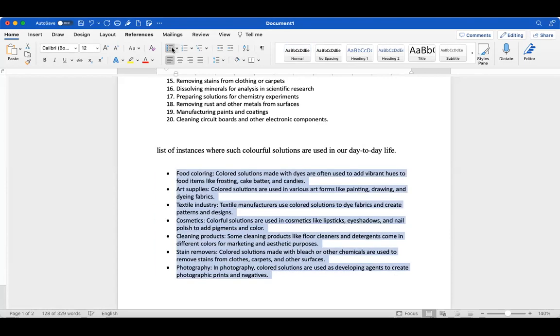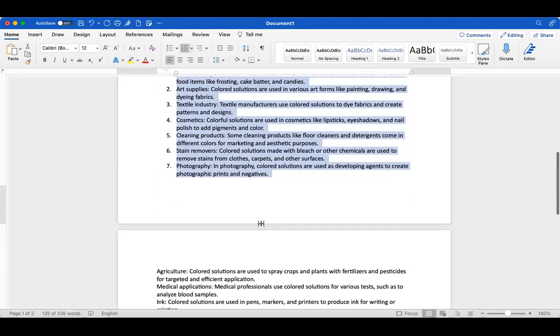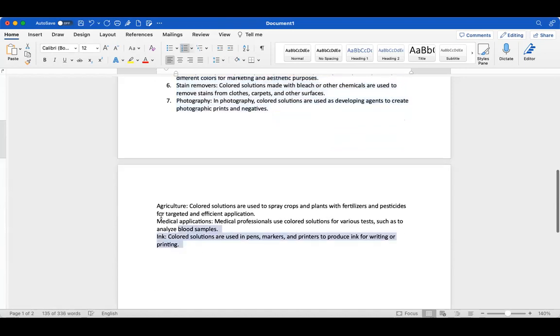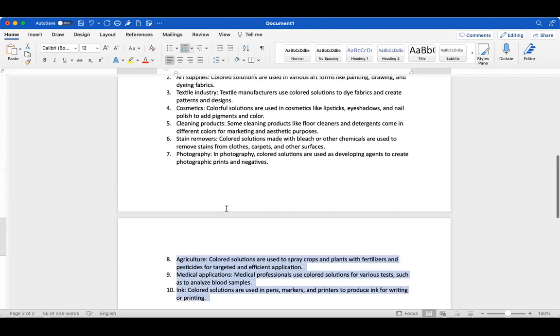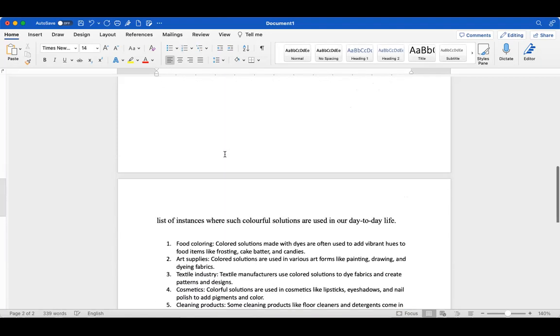Separation purpose, food coloring, art and craft, photography, even in drugs, the medical industry, we can use that, right? Okay, please write this down.